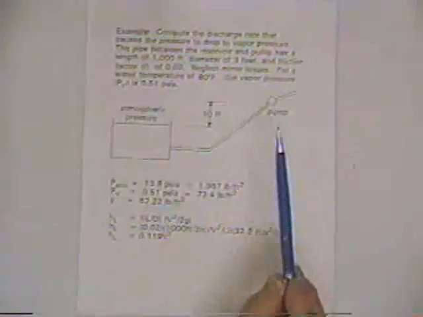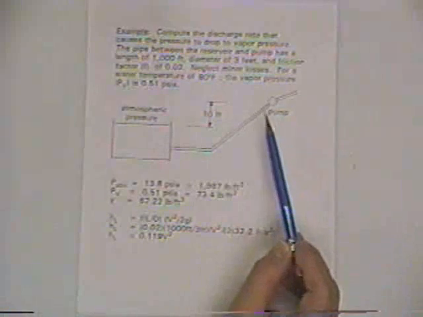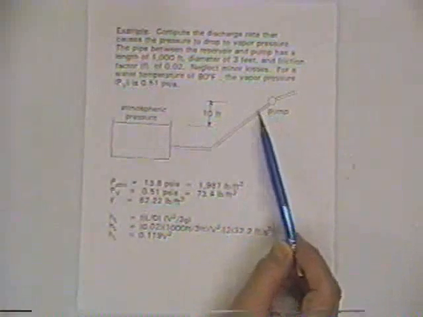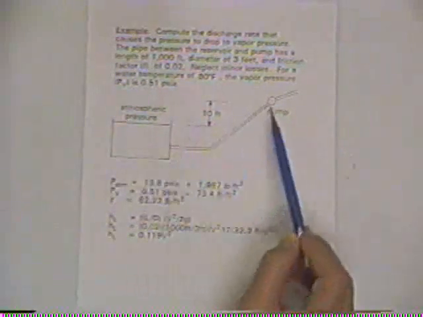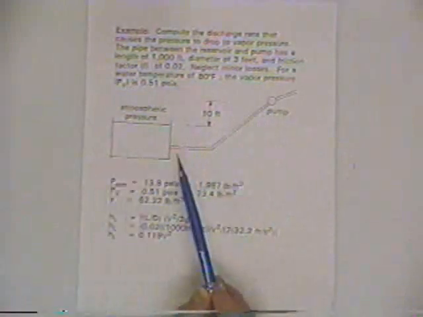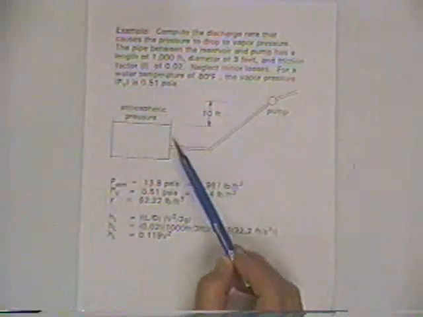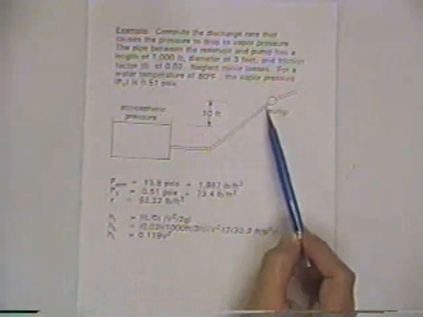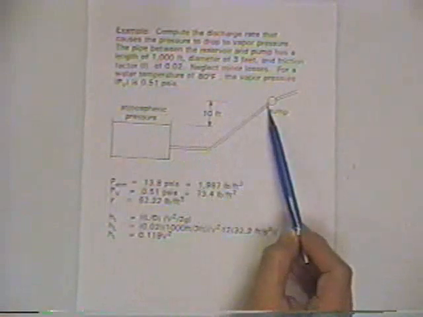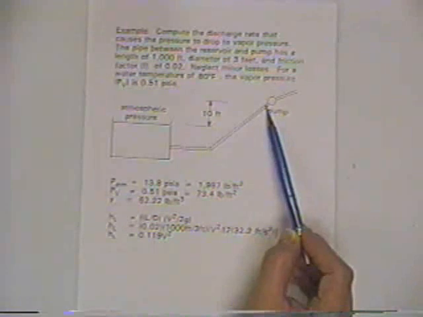If we just look at the system, we can intuitively determine that the lowest pressure point in this system is right here on the downstream side of the pump. And of course, there's a limit. You can't drop it any more than atmospheric pressure, because you'd be down to absolute zero.